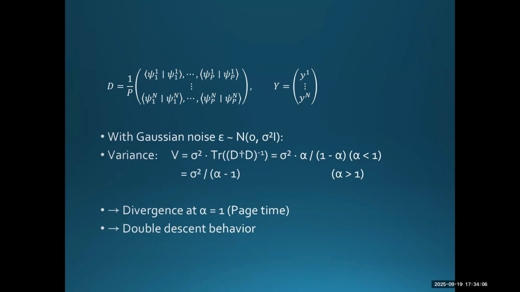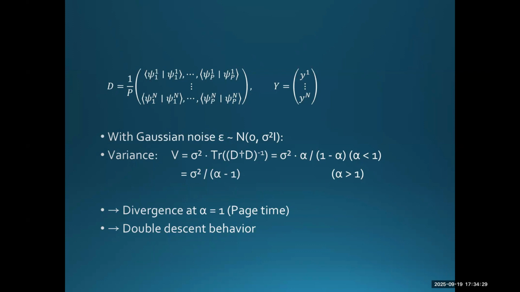So we derive the variance, which is just the reproduction of the classical case. But it seems the first time somebody derived the double descent in quantum machine learning, although it is somewhat trivial.